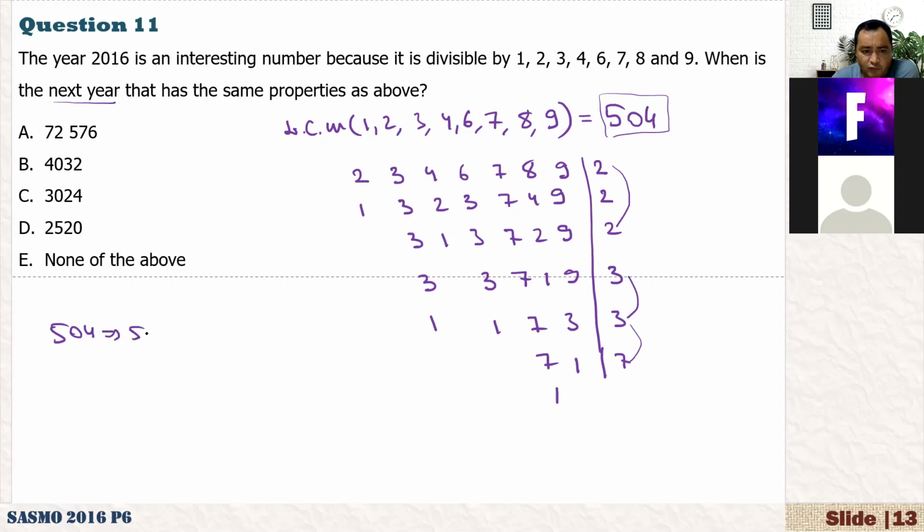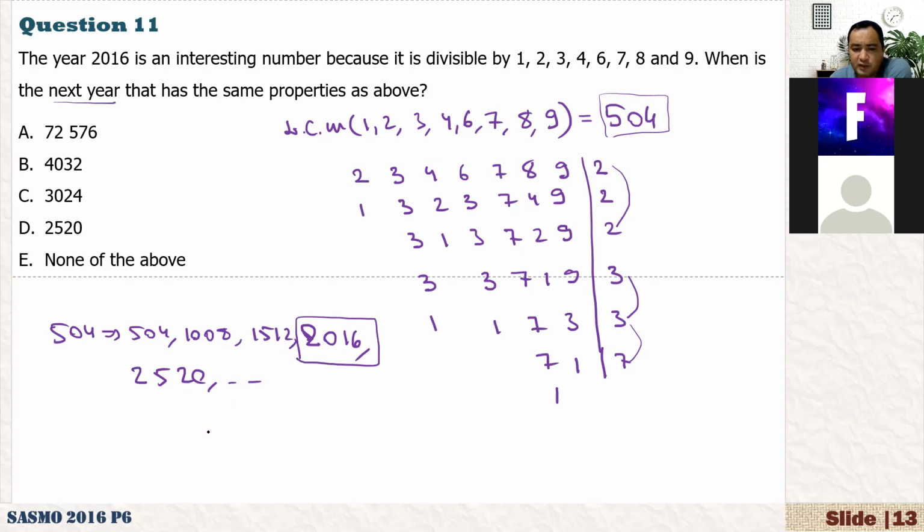That is 504, 1008, 1512, 2016 multiplied by 4, and multiplied by 5, it is 2520, and continues. If they ask for the previous one, it would be 2016, because now we are in 2021. If they ask for the next one, it will be 2520.